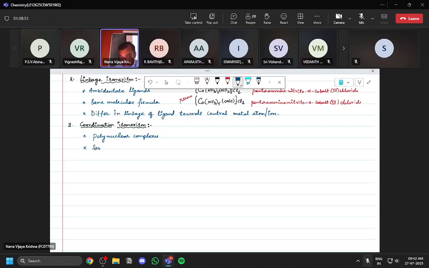Same molecular formula but differ in the ligands coordinated to the central atom.